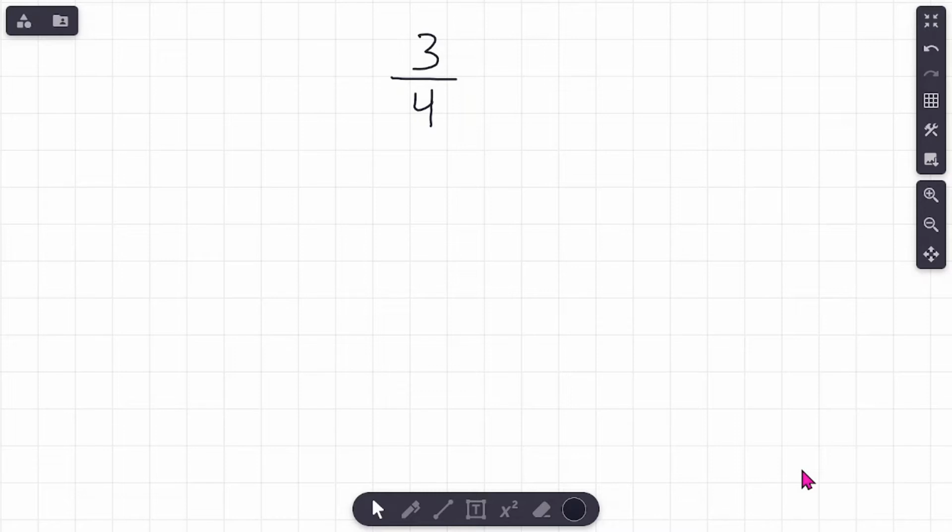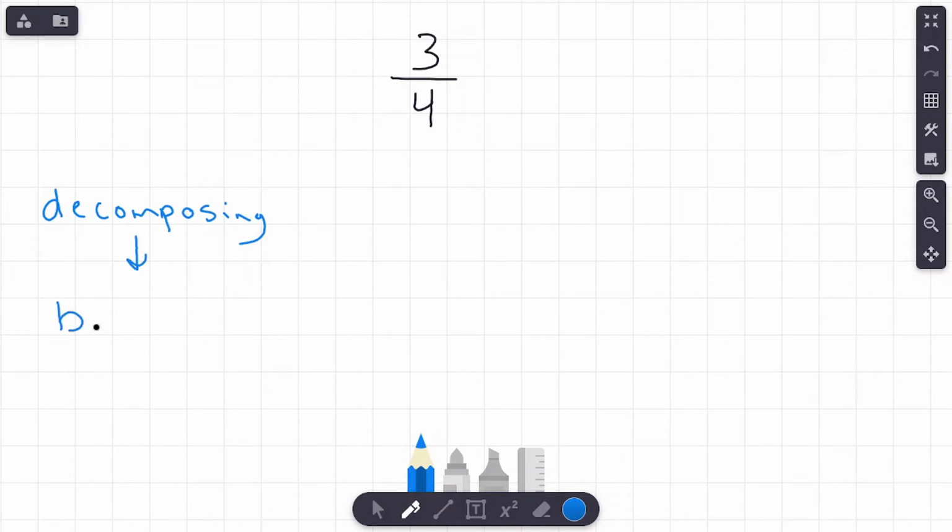So, as you can see, I have the fraction 3/4 on the screen here. What we're going to be doing today is something that I think we've mentioned before, but I want to point out this word one more time. You're going to hear me say it a lot today: decomposing. What decomposing means is that you are going to break something apart.